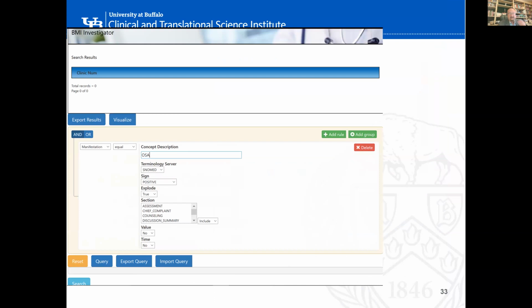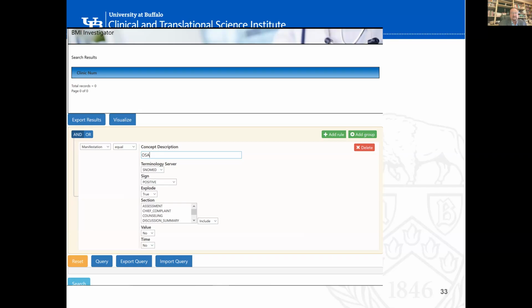This is a study we did. We have a tool called the BMI Investigator, which people use to do research. And here's a study that we did that took 5 minutes. A smart clinician came into my office and said, I think my patients who have rosacea are more likely to have obstructive sleep apnea.